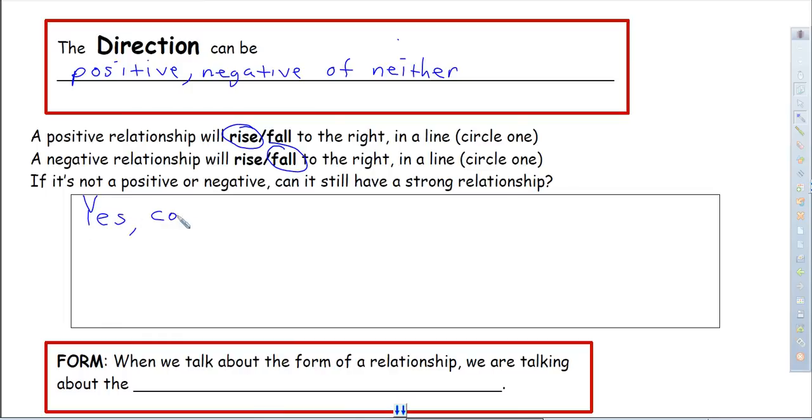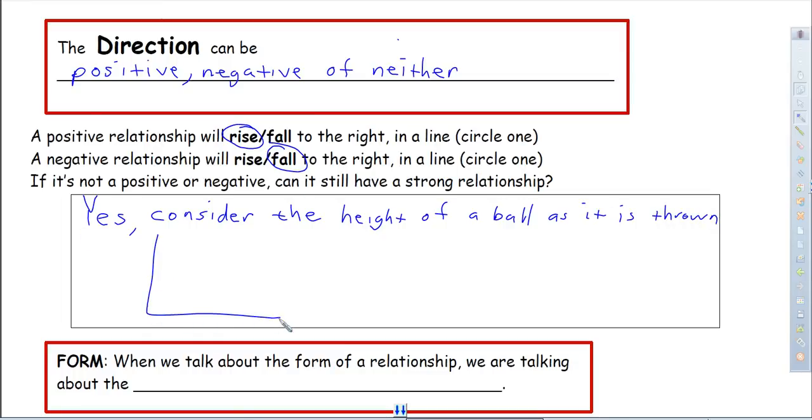So consider the height of a ball as it is thrown.